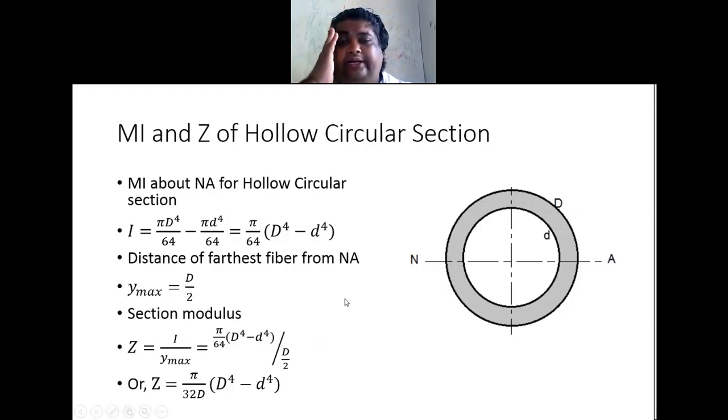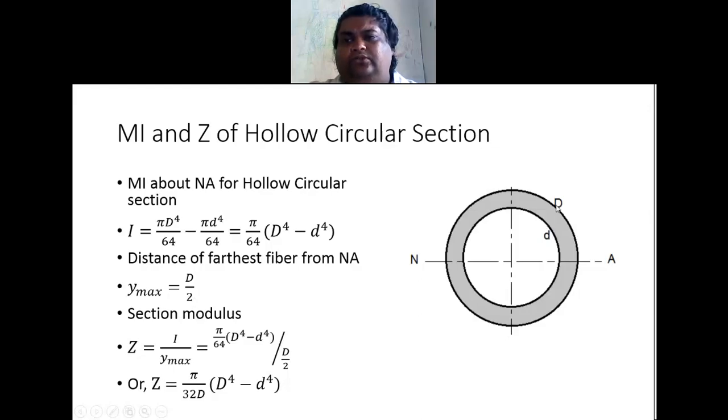Similar to the hollow rectangle, we have a hollow cylinder or hollow circular section, for which the moment of inertia is pi D power 4 by 64 minus pi d power 4 by 64. So pi by 64 is taken as common: D power 4 minus d power 4, and the distance of the farthest fiber is capital D by 2.